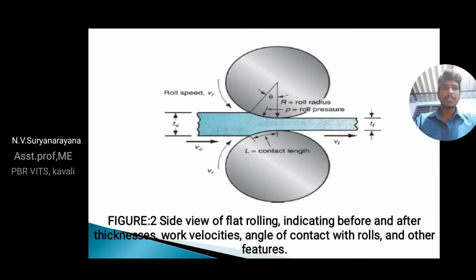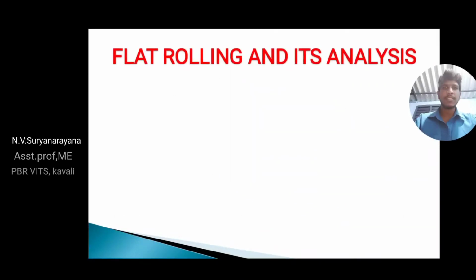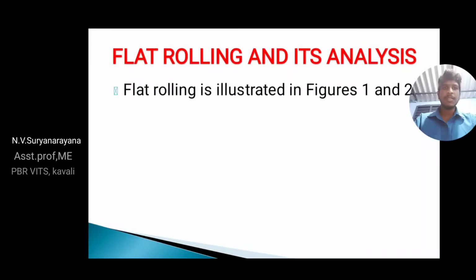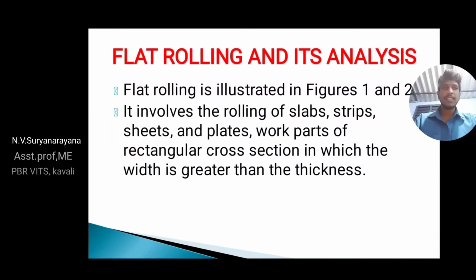This is about rolling parameters. In the analysis, flat rolling is illustrated, that means we saw two figures: one is the rolling process and the other is the parameters in rolling, that means thickness and velocities before and after the work. It involves the rolling of slabs, strips, sheets and plates, work parts of rectangular cross section in which the width is greater than the thickness.